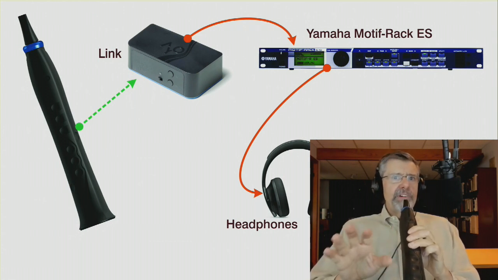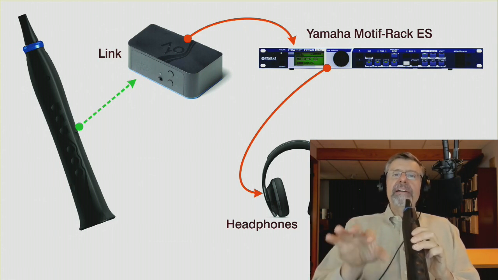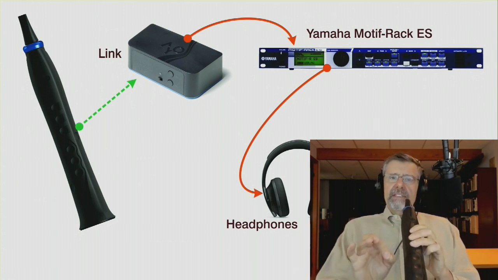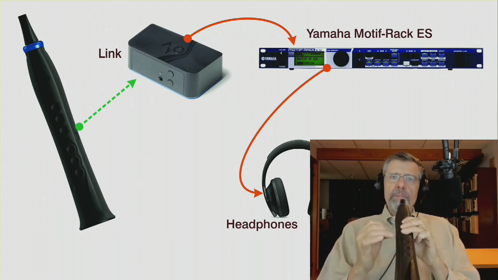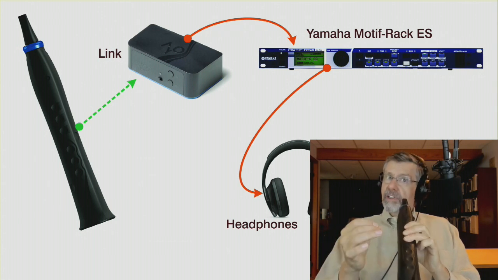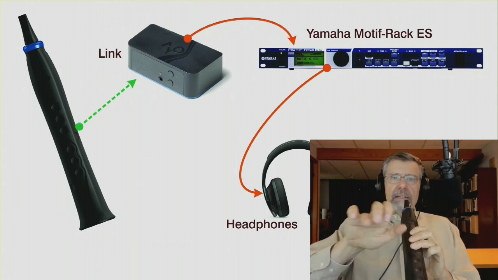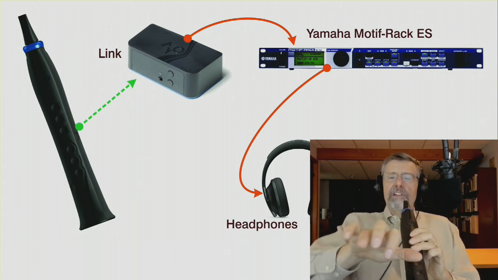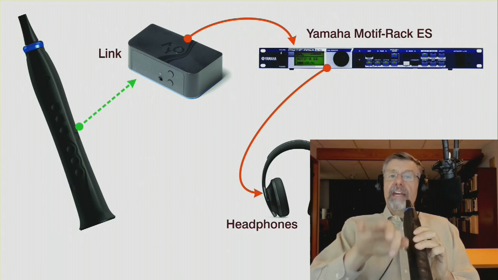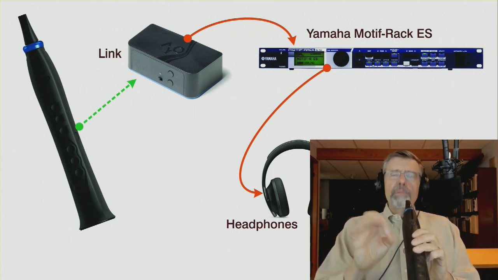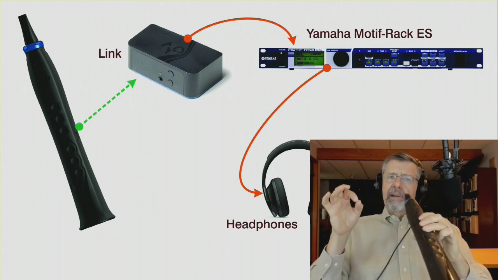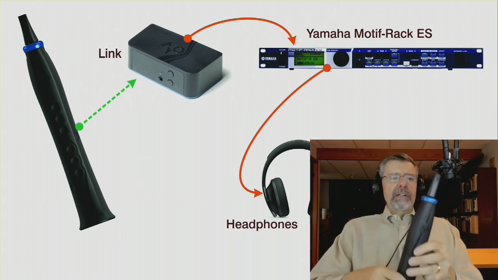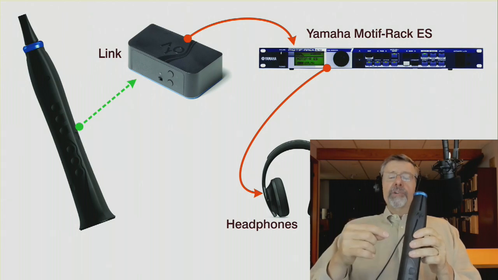The Motif-Rack doesn't understand the difference between articulated attacks, like a ta or a ha or a ka, when I interrupt my breath, and connected notes. It assumes every note is disconnected and puts a ta attack on it. So the sounds are good, but it's not really working with a breath controller.